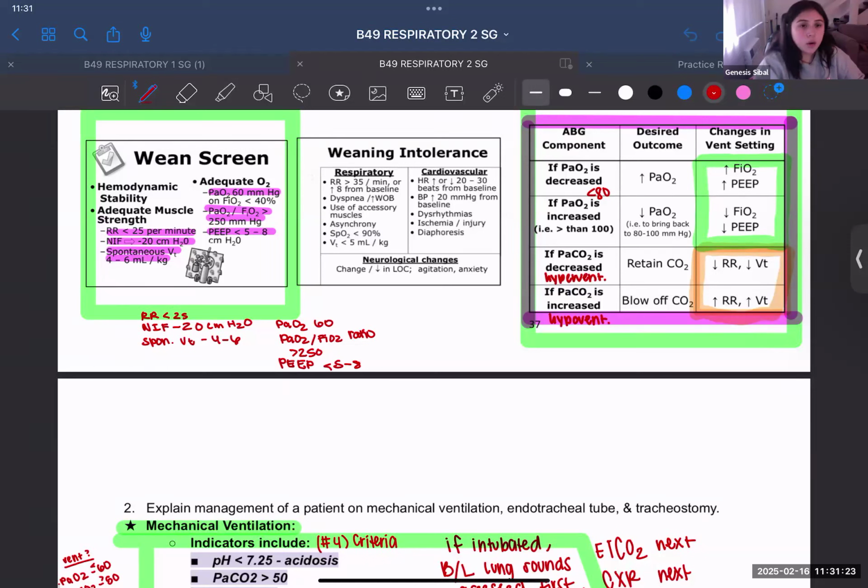Adequate muscle strength, right? If they don't have the strength to breathe on their own, if they're feeling very weak, that makes sense. When you have the flu or a fever, you feel very heavy and short of breath because you're having to work extra hard. So having that, and making sure that values like the PaO2/FiO2 ratio are within range, then we can start weaning them.